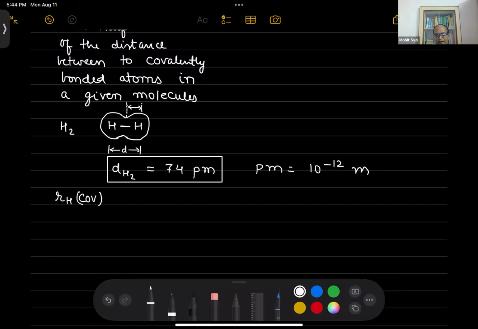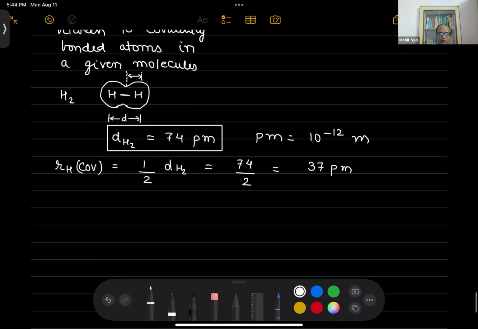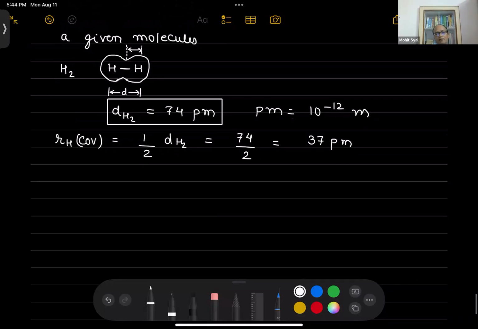When you half the distance in H2, it will be 37. So it is the covalent radius of the hydrogen atom. Are you getting my point or not?